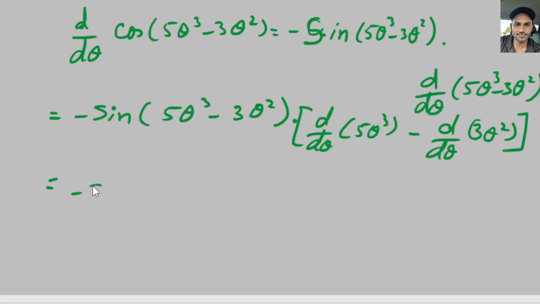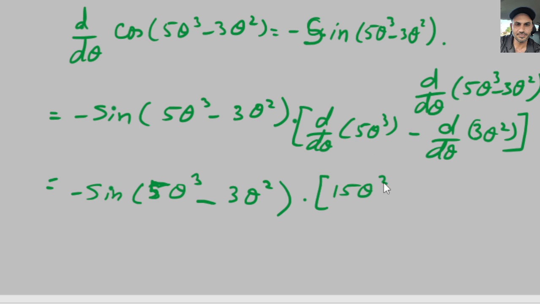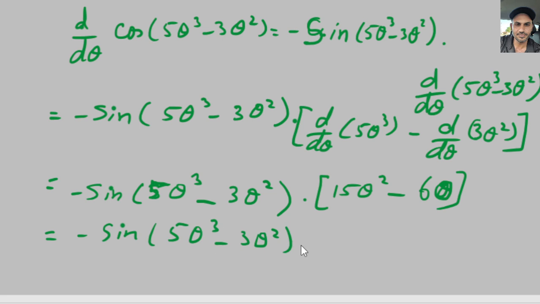So we get negative sine of 5 theta cubed minus 3 theta squared, times the derivative of 5 theta cubed, which is 15 theta squared, minus the derivative of 3 theta squared, which is 6 theta. So this is our final answer: negative sine of 5 theta cubed minus 3 theta squared times 15 theta squared minus 6 theta.